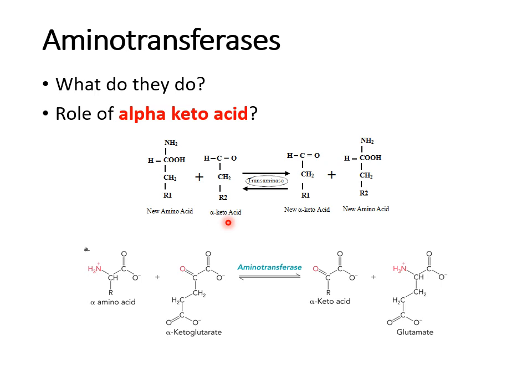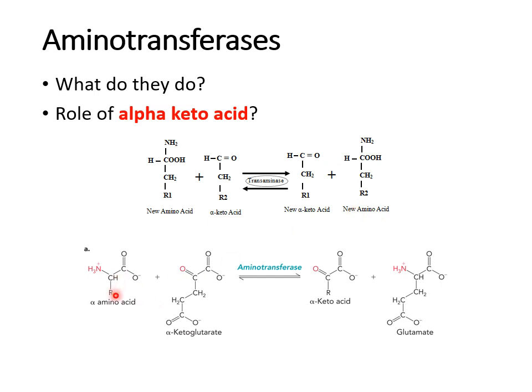And you'll notice a lot of these reactions are reversible, but basically what you see happening in transamination is that the NH2 group of one molecule is exchanged with the oxygen group of the other molecule. Okay, so what started out as the amino acid becomes the new alpha keto acid, and what started out as the keto acid has now become the new amino acid.